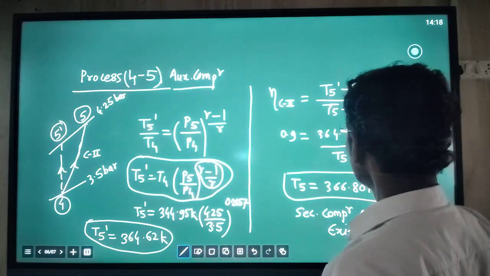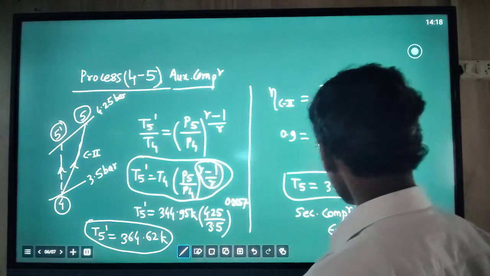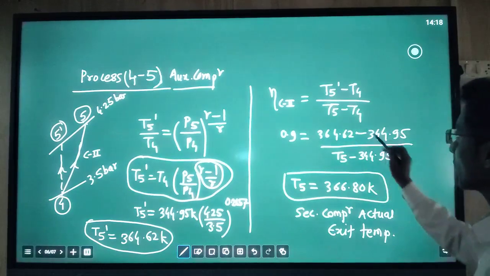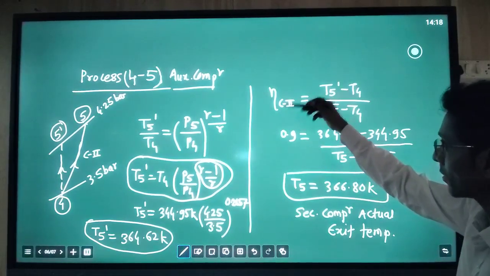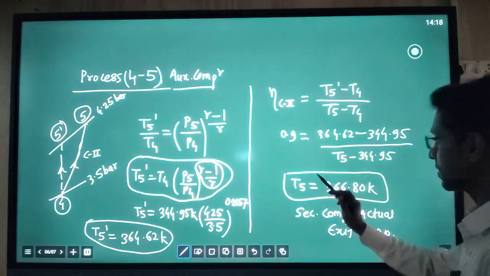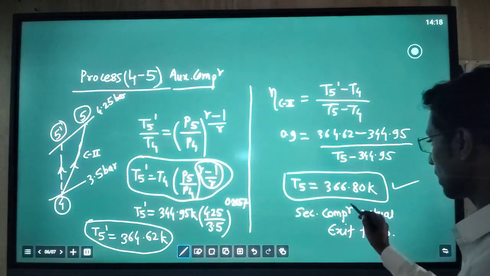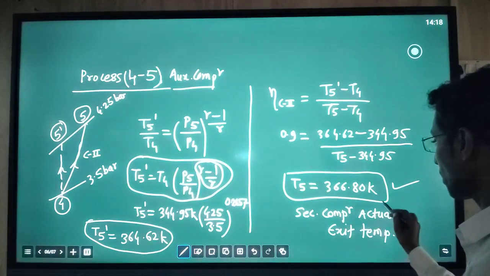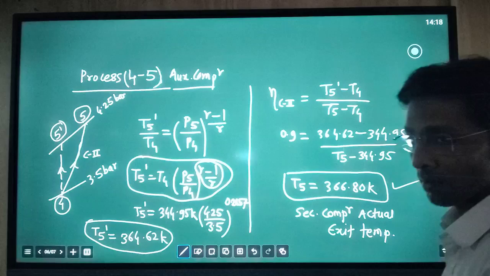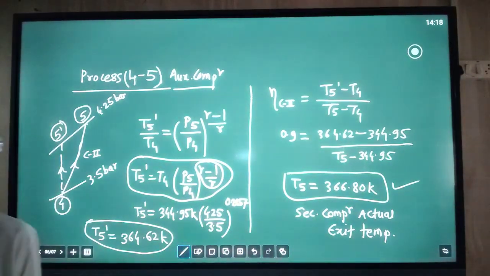The T4 value we calculated, we put here. T5 dash we also calculated. Compressor efficiency for both is given as 90%, so 0.9 is the efficiency. So we find the value of T5, the second auxiliary compressor actual exit temperature, that we obtain, that is 366.80.